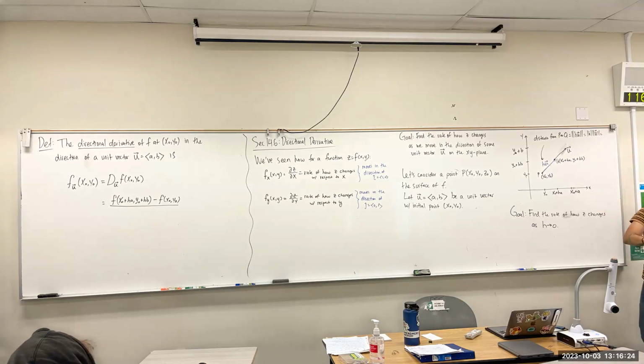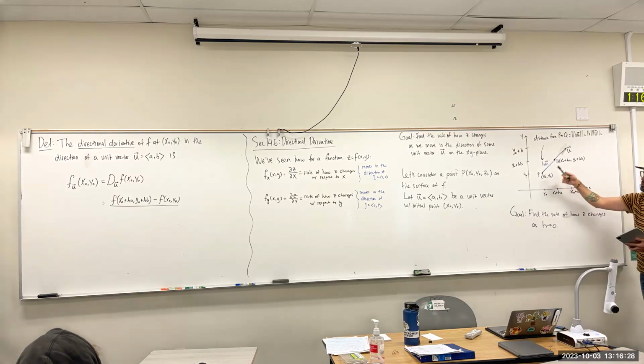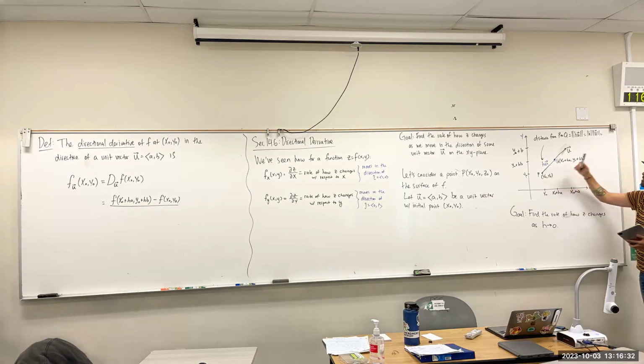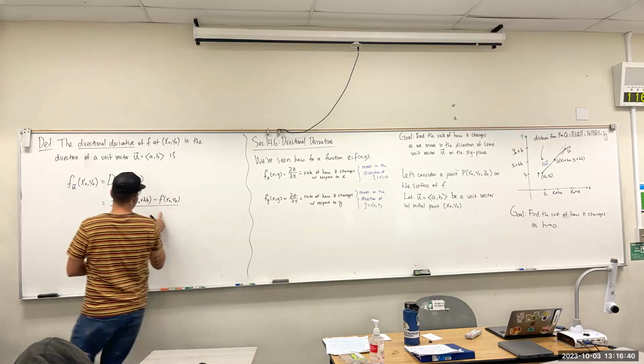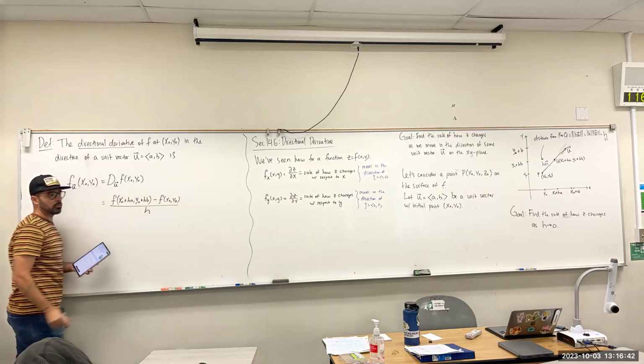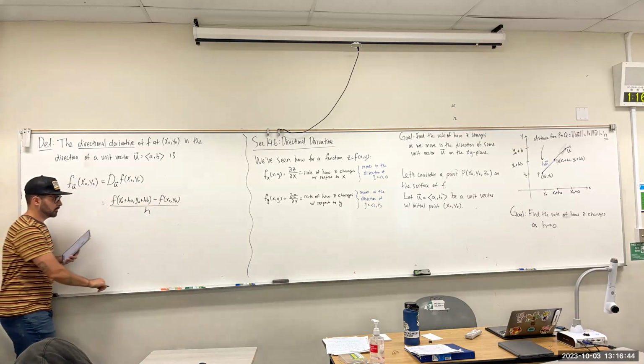And this is why you need it to be a unit vector. So that distance between those is h, because we're going to have h be a positive value. That's why we need that unit vector. So the distance between the 2 points is just going to be h, and that's why you'll see that in the formula.